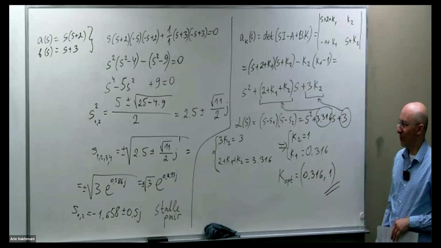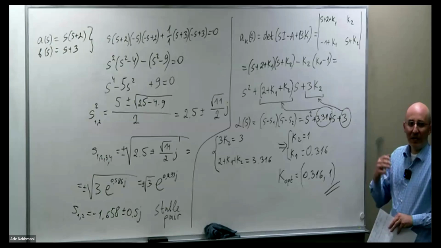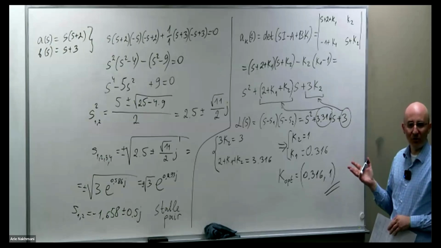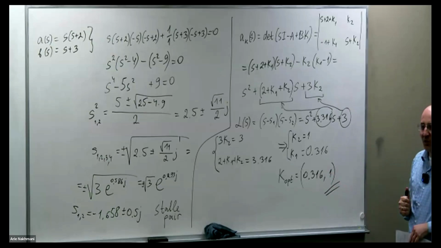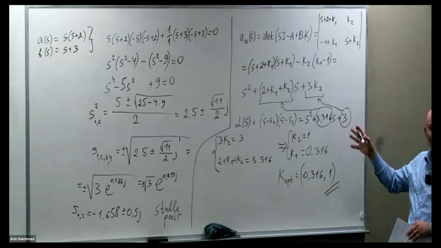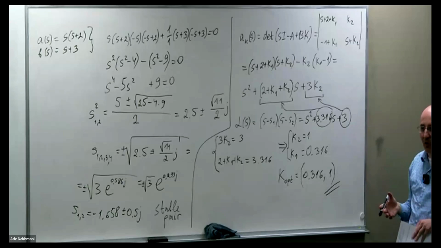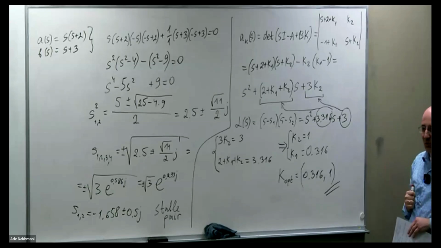How about plotting root locus? So root locus is more or less, you don't really need to plot it to solve the question, because you can do everything analytically here, as you can see. But root locus gives you an idea how it could look like for different values of rho, because we computed that for one value of rho, rho equals 1. But now let's say rho is changing. You want to play with rho and see where the roots could be and how the symmetrical root locus could look like.